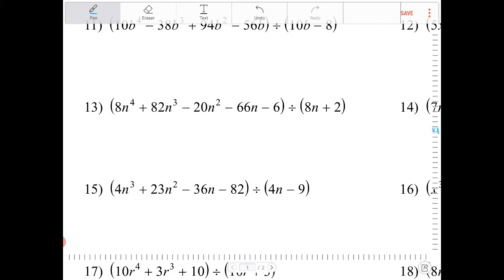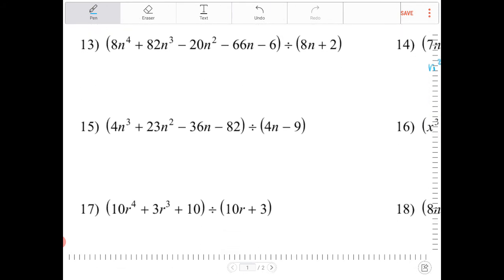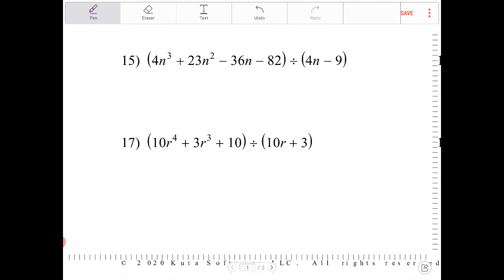Let's try maybe another one, perhaps that involves using a placeholder. Let's do number 17 here. Again, I want to do the same thing. I write 10r plus 3 on the outside, and I write in 10r to the 4th plus 3r cubed plus 0r squared plus 0r plus 10.